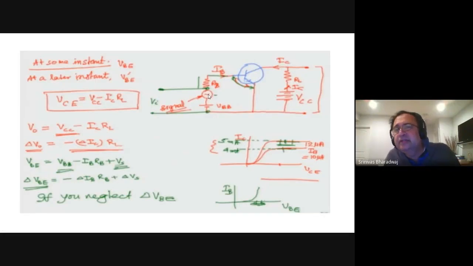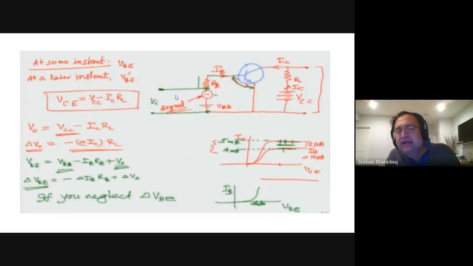Okay, so this larger current is what is produced across the load resistor RL, and therefore you end up with the total voltage across this load resistor, IC, being proportional to VC. So IC is proportional to the incremental VBE, delta VBE, and VC is proportional to IC.